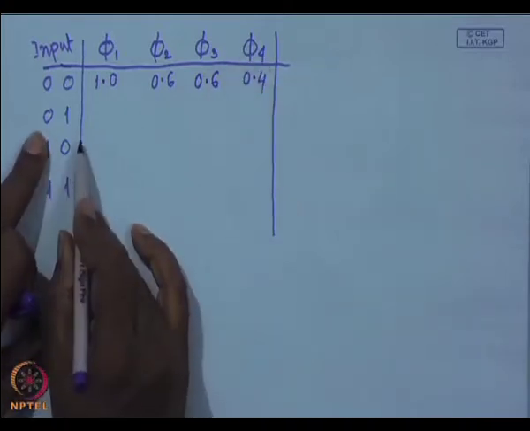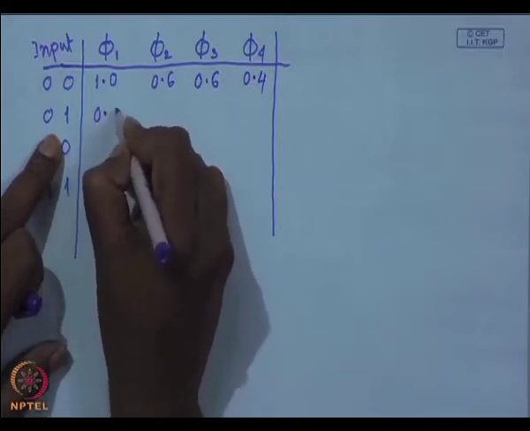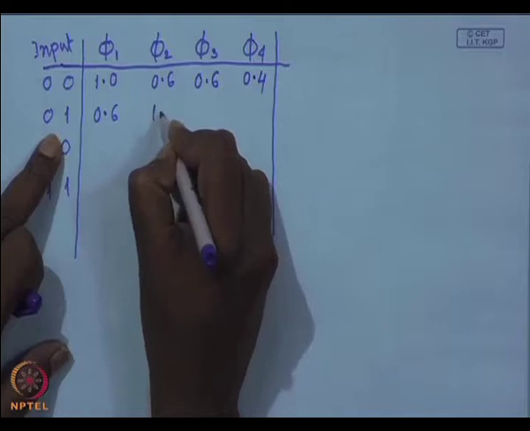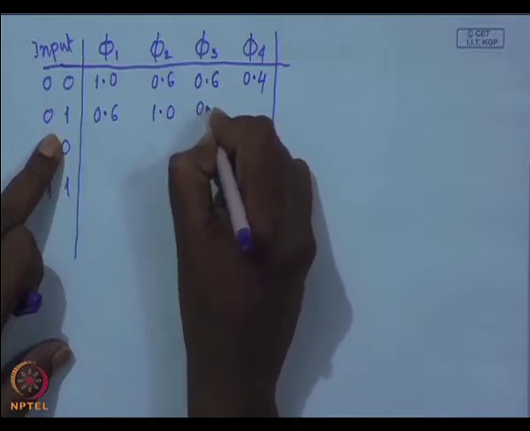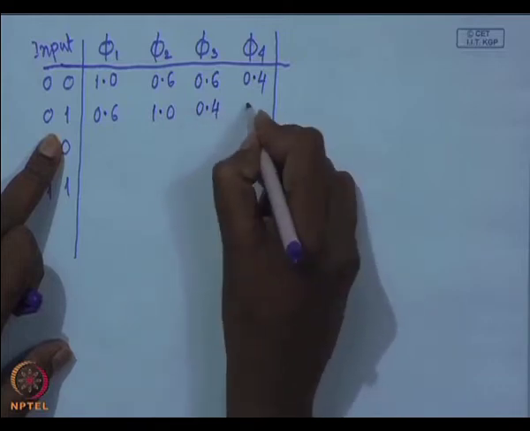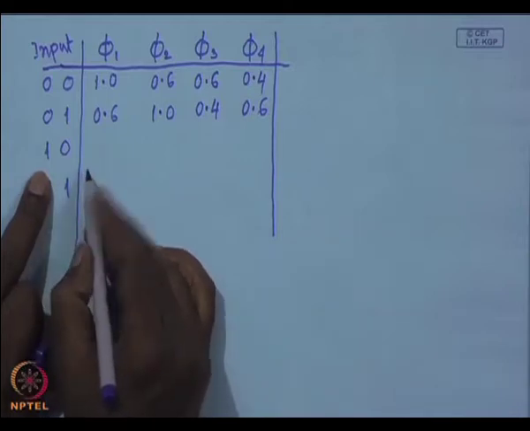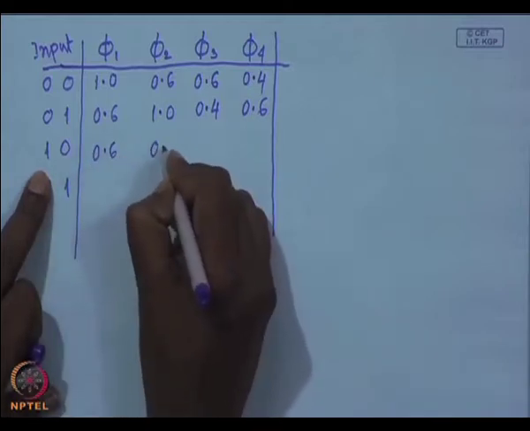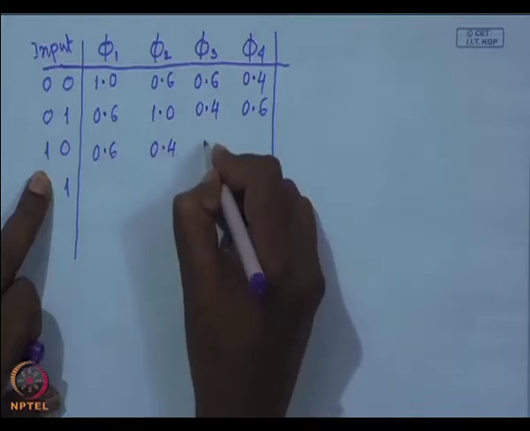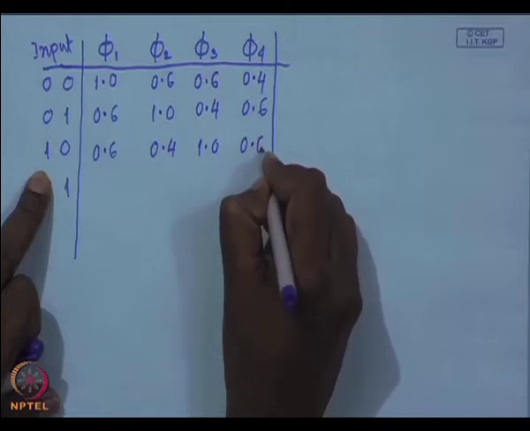When the input vector is 0 1, phi 1 x will be 0.6, phi 2 x will be 1.0, phi 3 x will be 0.4, phi 4 x will be 0.6. For 1 0, this is 0.6, this is 0.4, this is 1.0, this is 0.6 again.